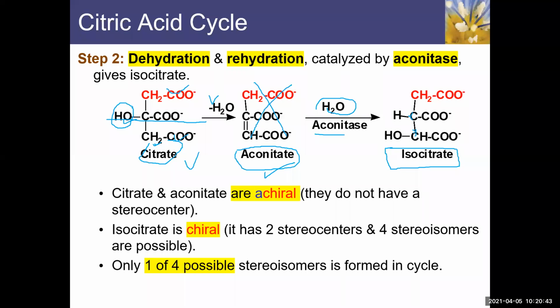So of course we'll have four stereoisomers present over here, but out of four stereoisomers, only isocitrate is possible. Because if you remember, I told you even if we have plenty of stereoisomers in the body, only one will be active, one will be used in a particular reaction. Otherwise, there will be a lot of confusion in the body, right? Did we understand step number 2? What is happening here? Simply dehydration and then rehydration.